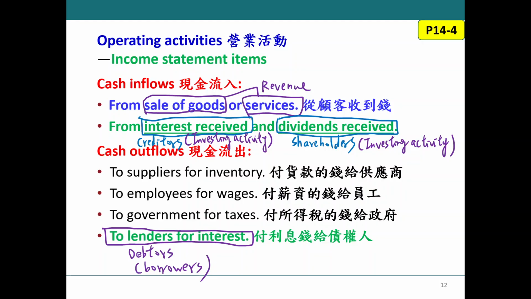You are doing financing activities. Okay? So in nature, you are doing financing activities.